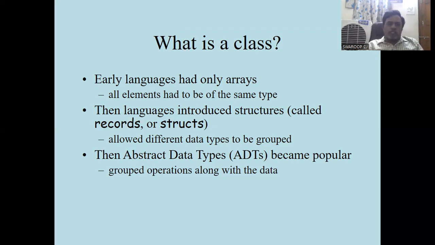Here the abstract data types become most popular. What is an abstract data type? Abstract is nothing but providing the basic information, not the complete information. For example, if you ask me what I am doing, I simply say that I'm a lecturer. That's the basic information.